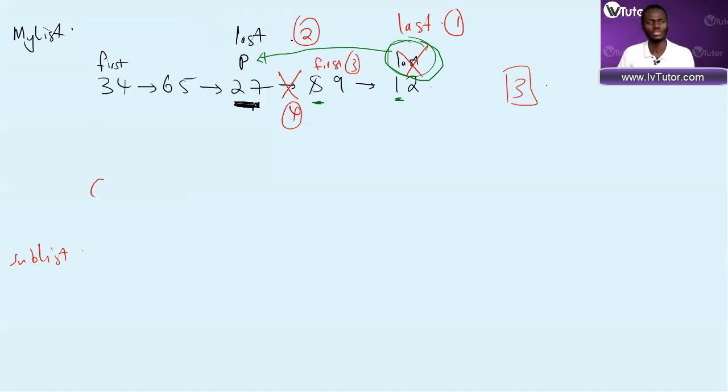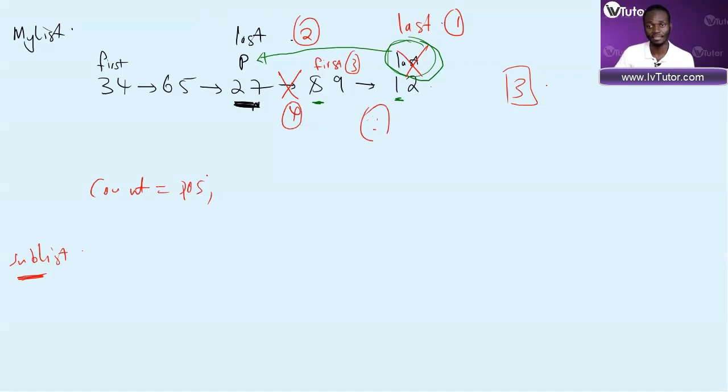So the count of my list is simply going to be my position. And the count of sublist is going to be the original count minus the position. So sublist's count would be the original count minus the position, which means if I had 5 nodes minus 3, I'm now left with 2 items. That's how I'm going to update my counts.